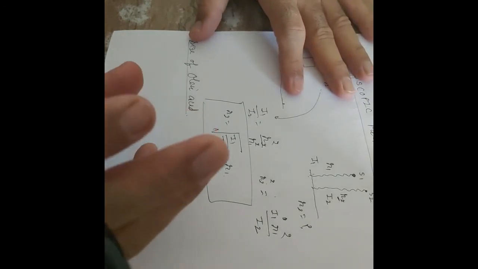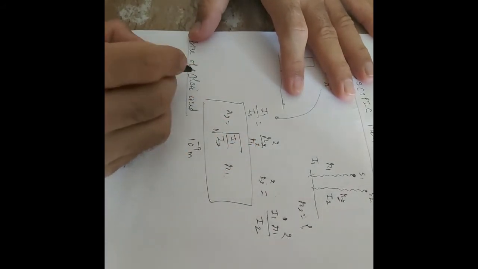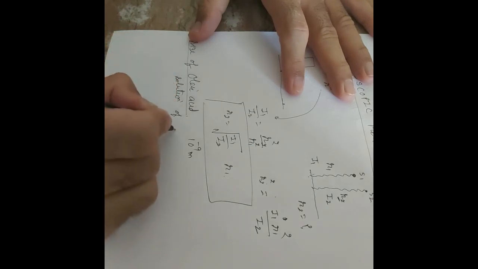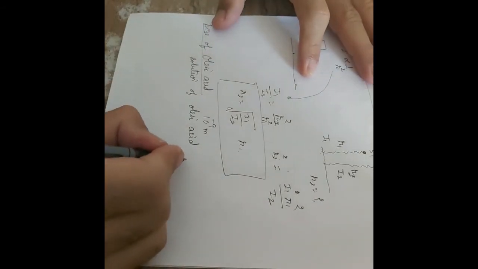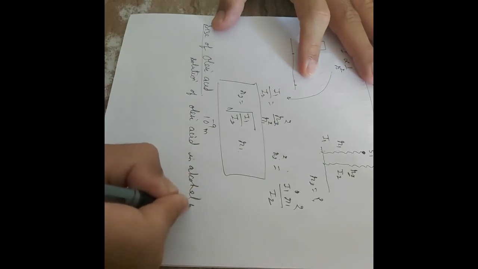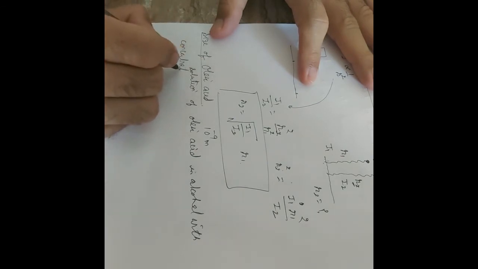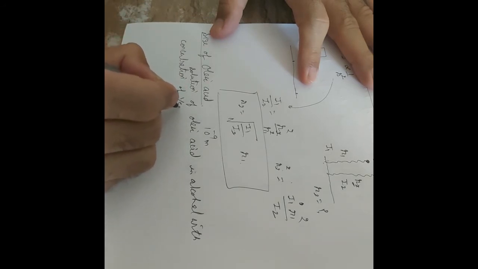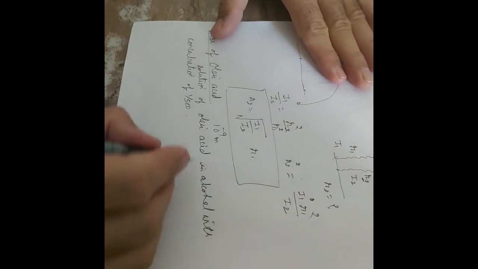Now first of all, in order to measure the size of oleic acid, we prepare a solution of oleic acid in alcohol with a concentration of 1/500.